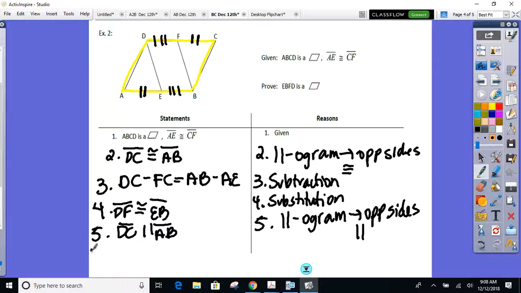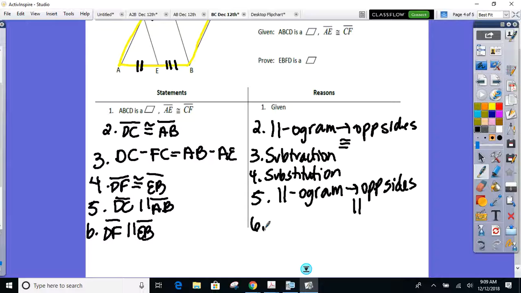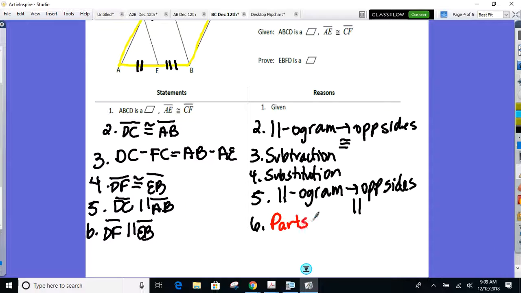All right, you got it. So now I want to say DF parallel to EB. Everyone ready? How do I show the shorter pieces are parallel? I'm going to use this new theorem that says parts of parallel lines are parallel.